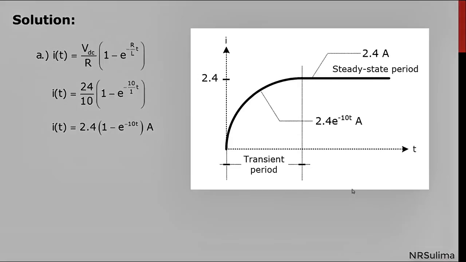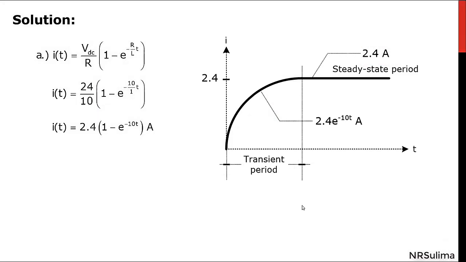If you want to visualize this equation, it is more or less represented by this graph. Take note that while the current is increasing during the transient period, there will come a point in time where the current will be fixed at 2.4 amperes.